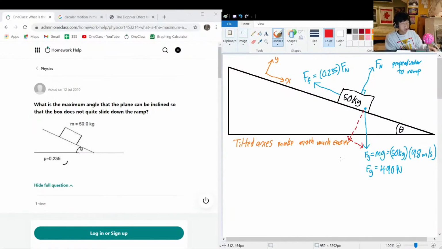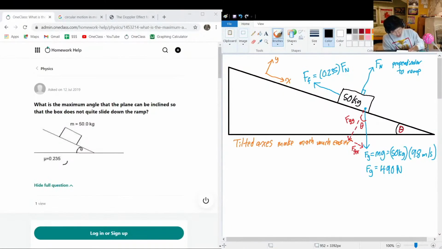And we know that, if we draw them like this, we can show pretty clearly that those two vectors added together are going to be equal to the weight force. Okay, so let's call this FGY, and let's call this FGX. And if we have those, it will be a lot easier to deal with. And another thing that's important here is that the angle that they make here is going to be the same as the angle that is made over here with the ramp.